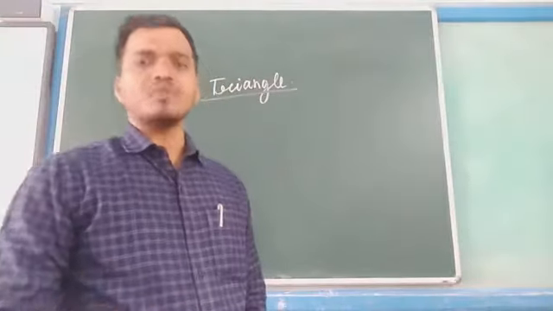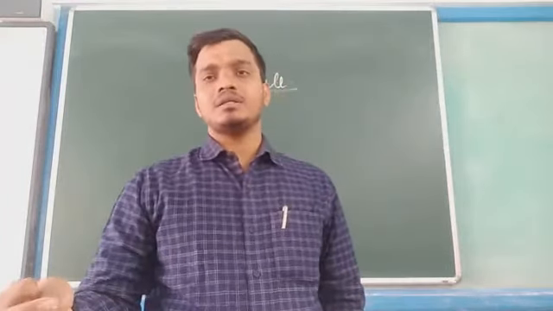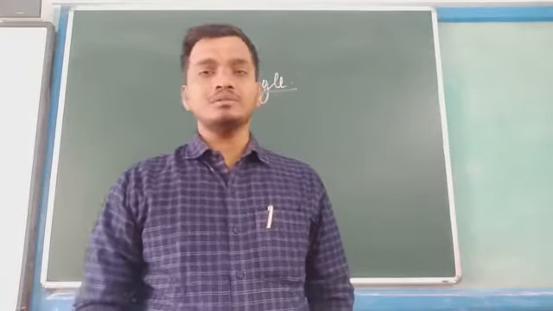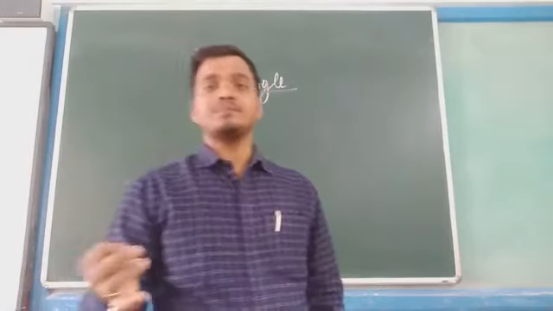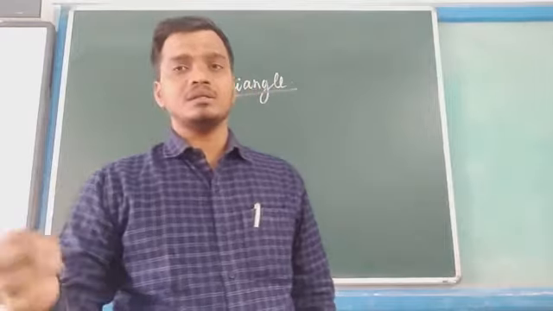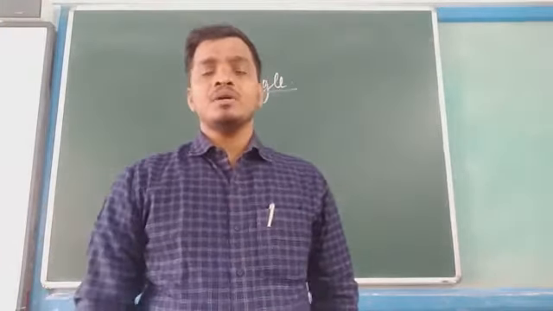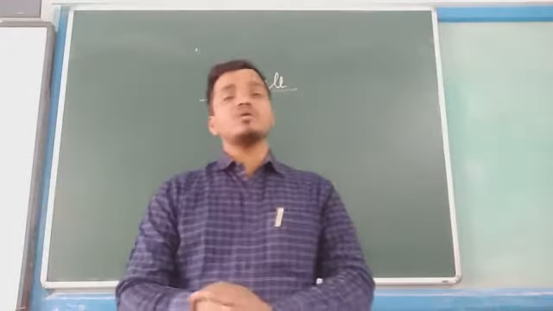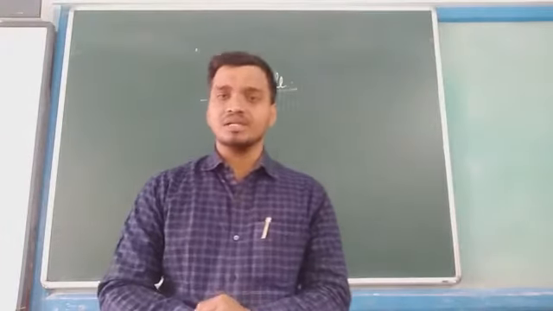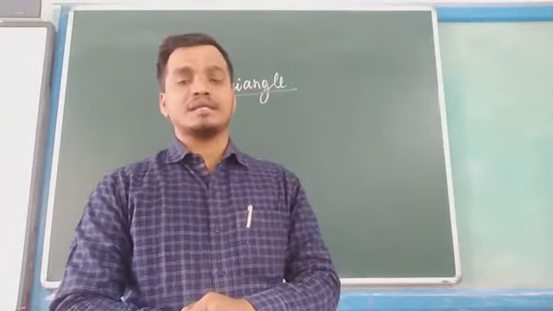Tri means three, and an angle, you know, is formed when two rays meet at a point. So here also we are going to frame one type of figure which contains three angles, and its name is a triangle.